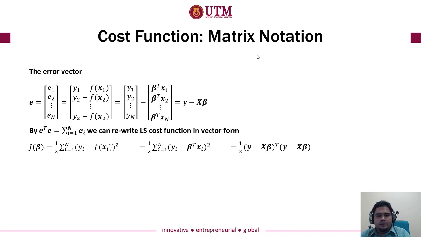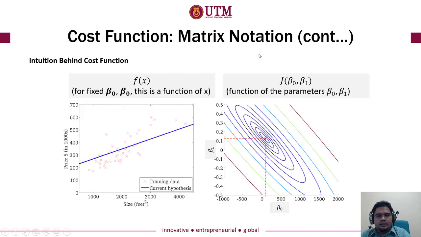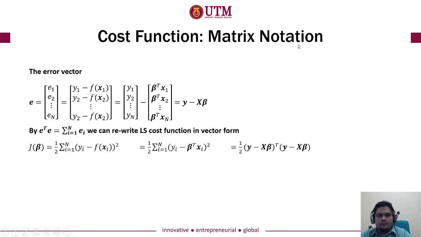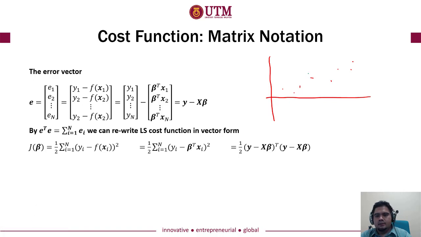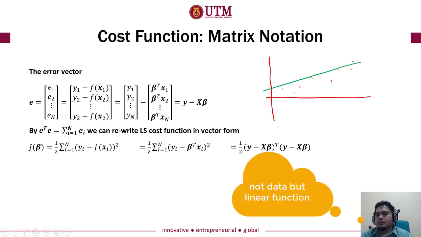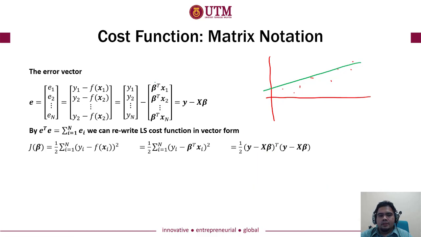For example, you have this kind of data, and this is your data. Once you identify a certain formula or function that represents your linear regression, let's say this is what you manage to produce, you set your own beta there.